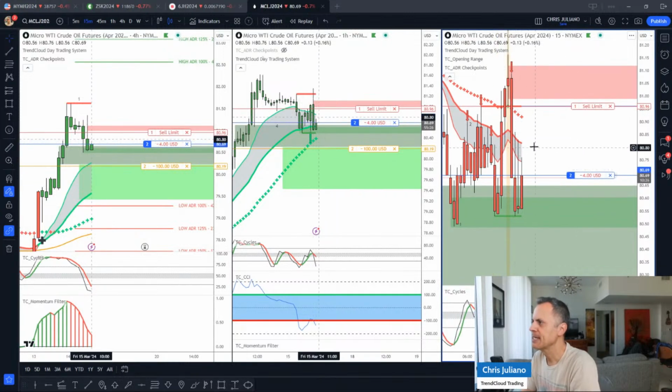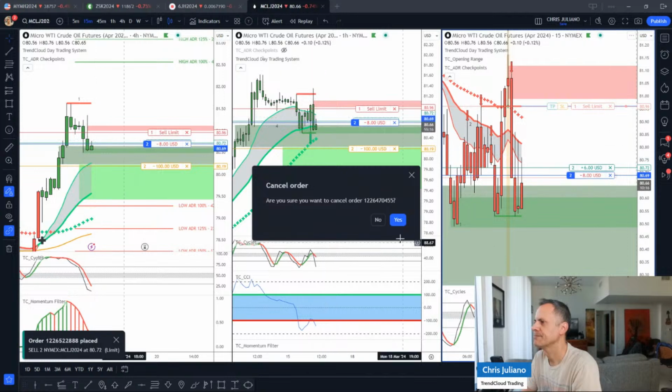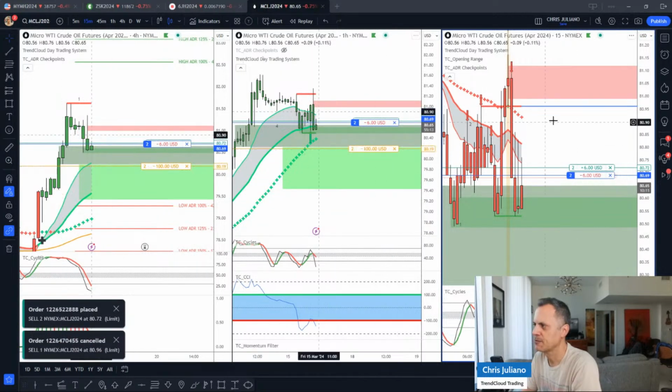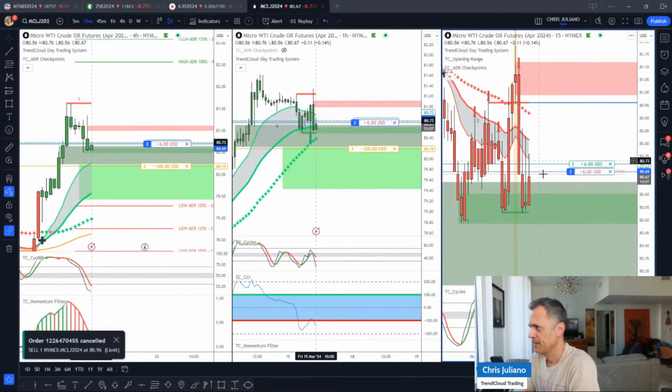See, it's pulling back into that trend cloud, and I think we need to just get out of crude oil because it's pulling into the trend cloud and then it's dropping.